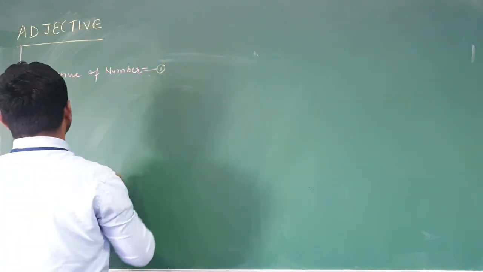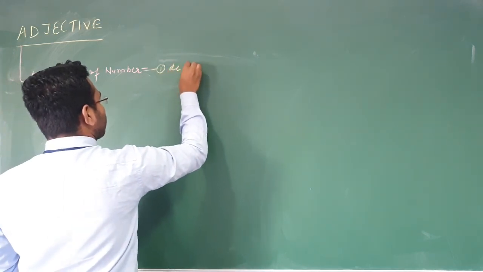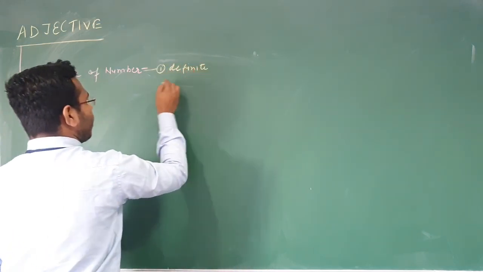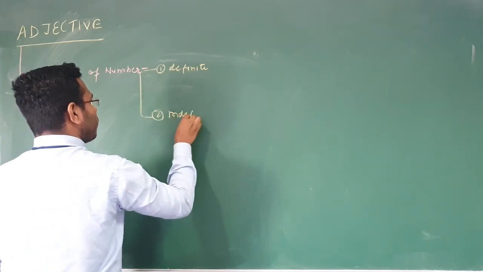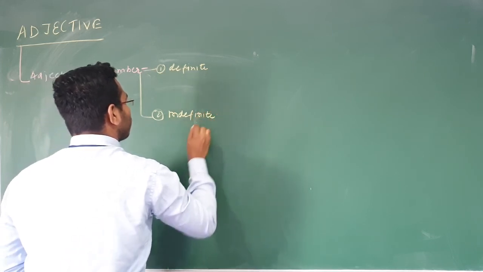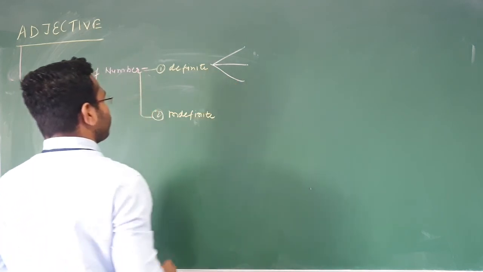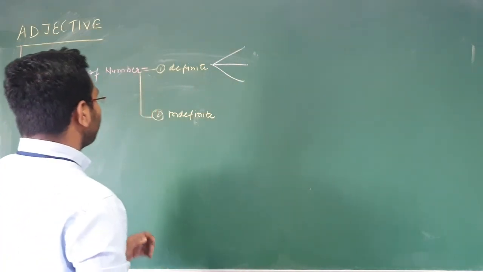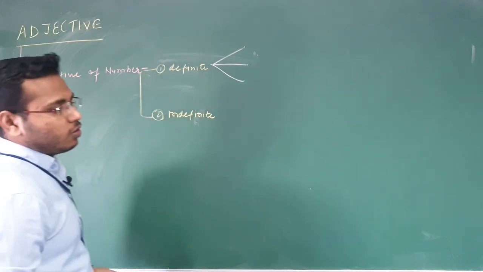Number one is called the definite category, and number two is the indefinite category. Further, we have three classifications of the definite category in adjective of number, and I hope you understand adjective of number.